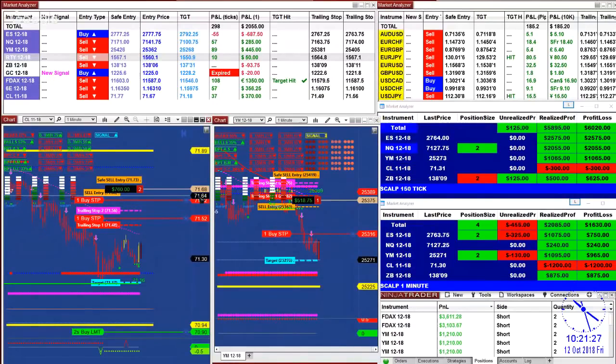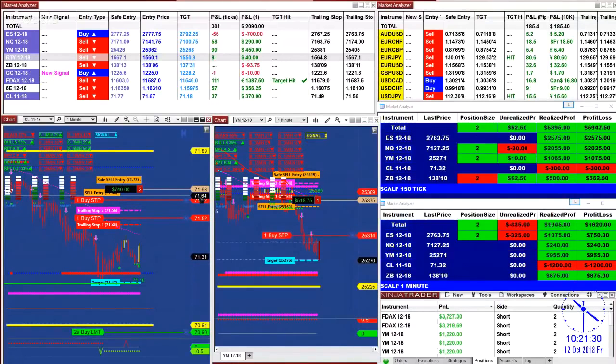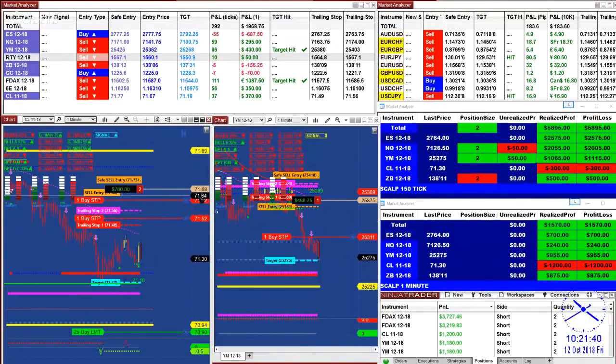We are about to have a new signal. Oh shoot! I'm sorry, guys. It's too late to call that trade on the ES for you, but it's coming now with the auto trade, the new signal. I apologize, I missed it. There is a new signal right now coming in on the ES.